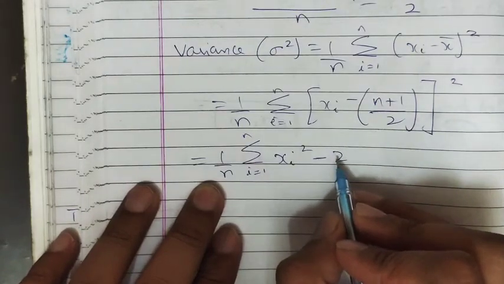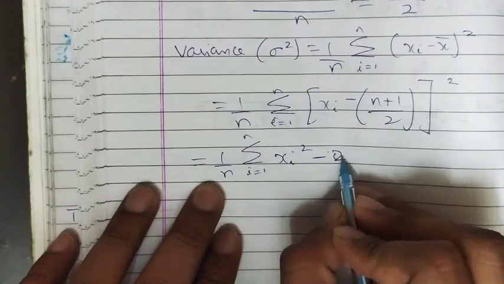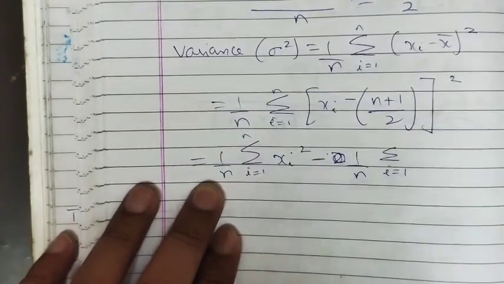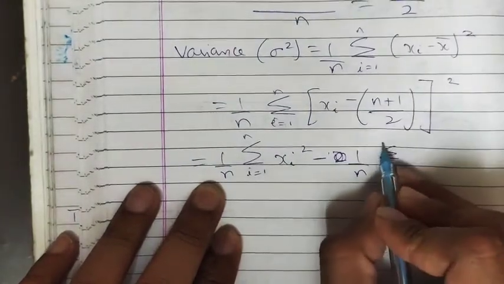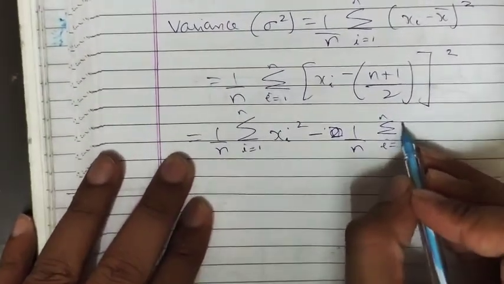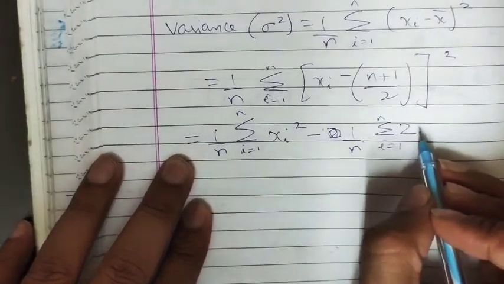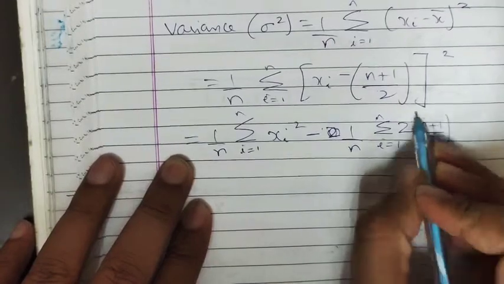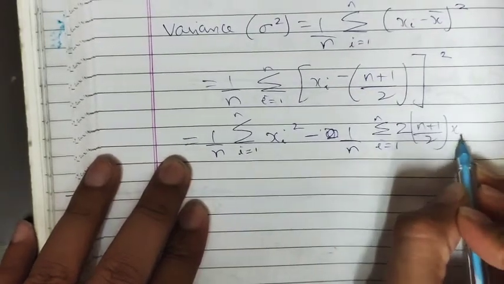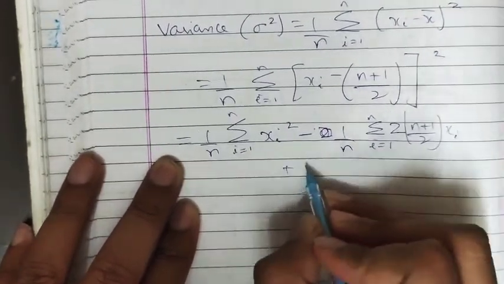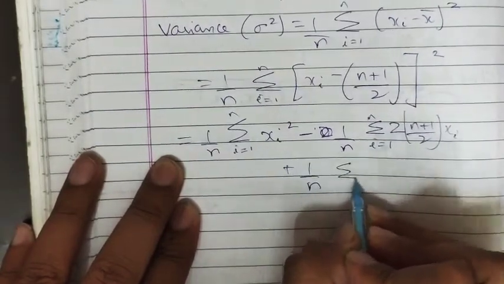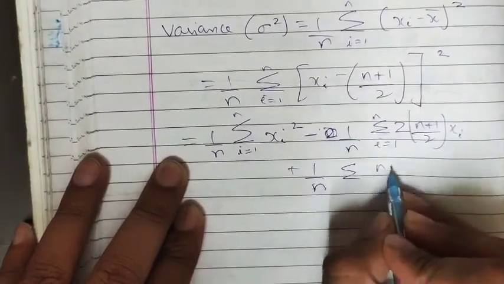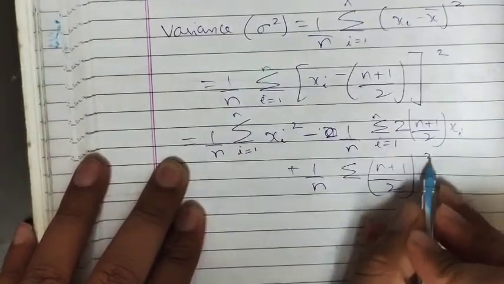So if we open this bracket, 1 upon n will be taken out, sigma i equal to 1 to n, xi square, minus 2ab, so 2 times n plus 1 upon 2 times xi, plus 1 upon n sigma of n plus 1 upon 2 whole square, right?